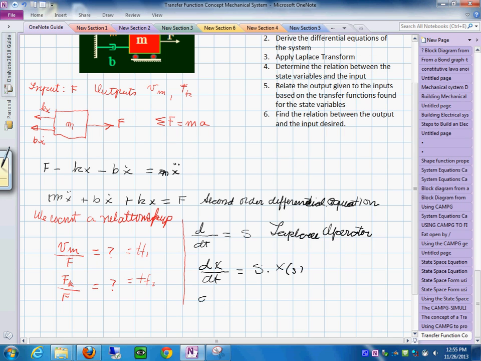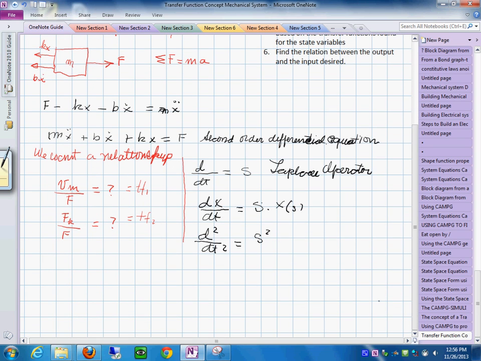If you do d squared/dt squared, this is called s squared times x of s. So in here we can write using this transformation.